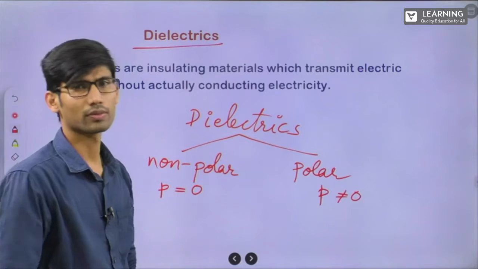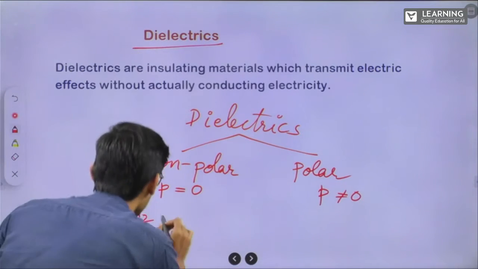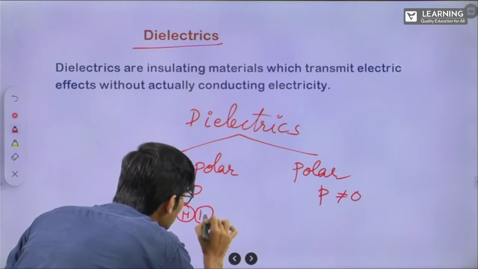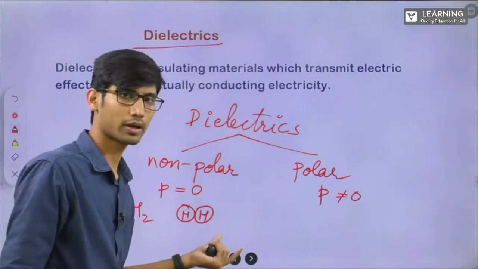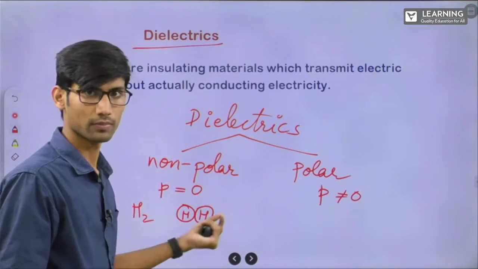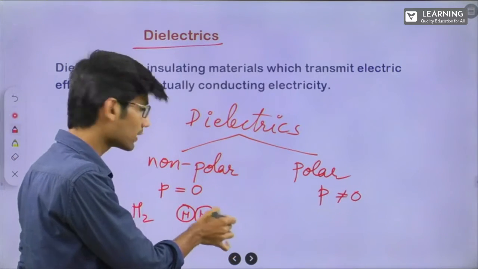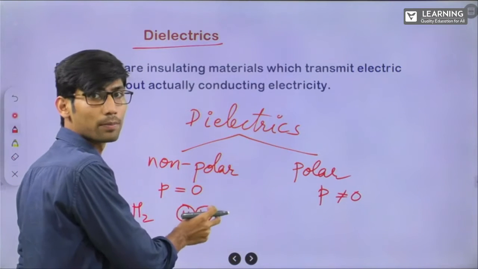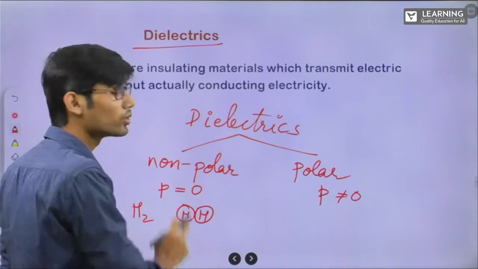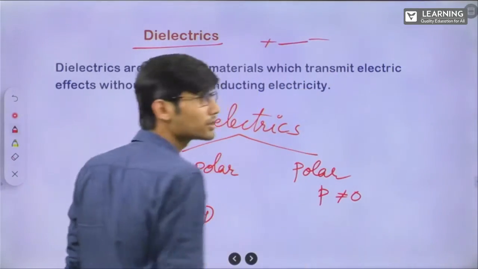For example, let's take H2. Now in H2, one hydrogen atom will be like this, one hydrogen atom will be like this. Both are of the same size. There is no transfer of electron. It's not like one is giving an electron to the other. No charge will develop at either atom, so the dipole moment is zero. A dipole moment only happens when there is a positive and negative charge at some separation.